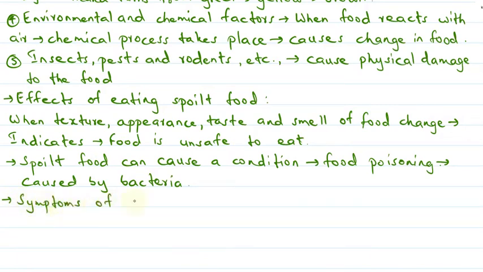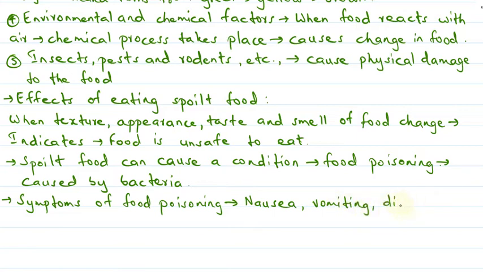The symptoms of food poisoning can include nausea, vomiting, then it can also cause diarrhea, stomach pain, etc. So all these are symptoms of food poisoning, and food poisoning can be caused by the consumption of spoiled food.